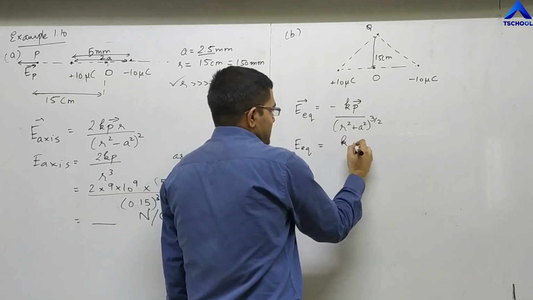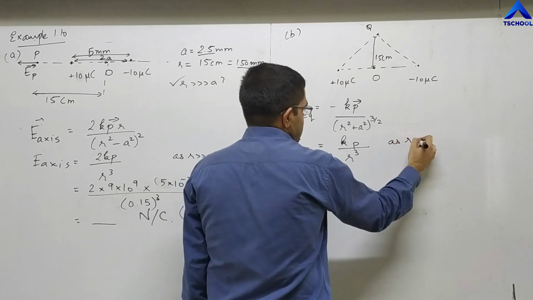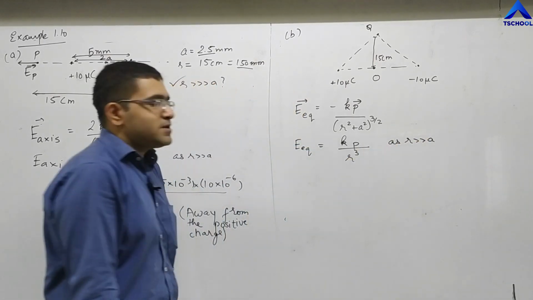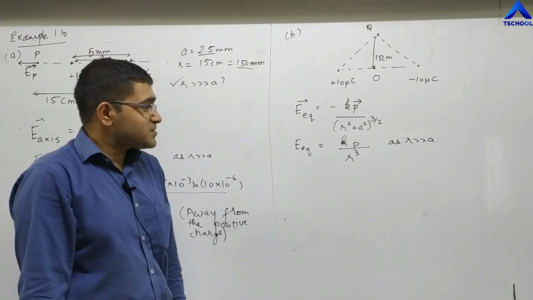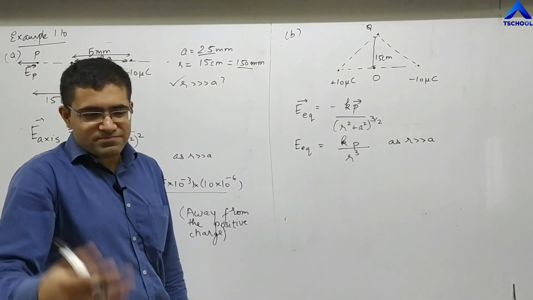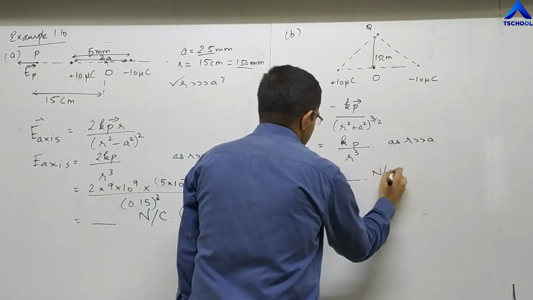It's going to give me this, and that's because r is much greater than a. Alright, what to do next? Put the values. That's for you. Okay, I'm going to do it. Get some answer. Don't forget the units.